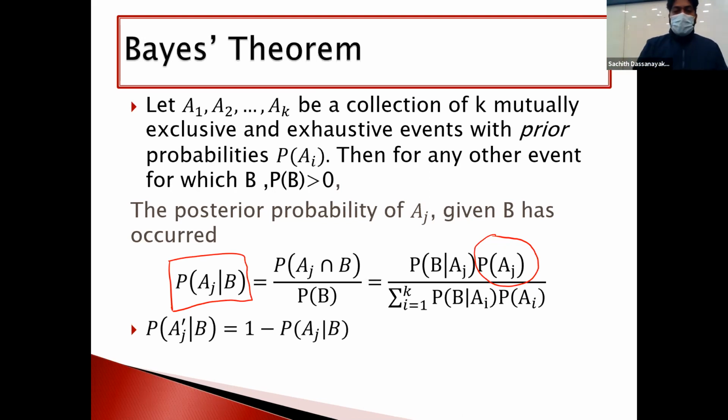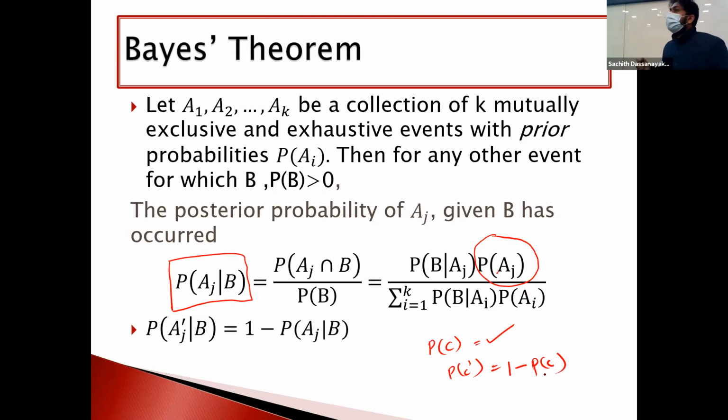If we need to find the probability of Aj dash given B, you can simply apply what, 1 minus. Do you remember? If we have P(C) given, and we need to find P(C dash), how do we do that? 1 minus P(C), right?